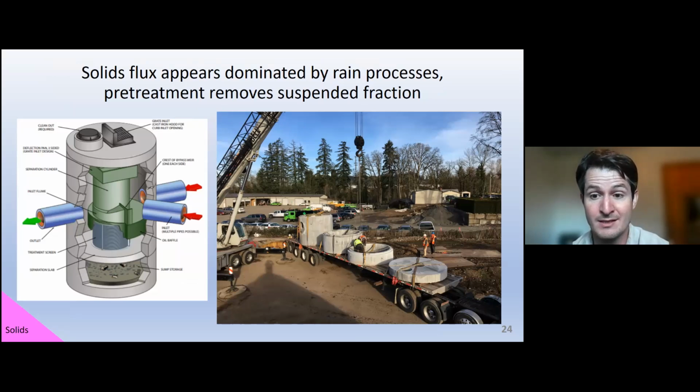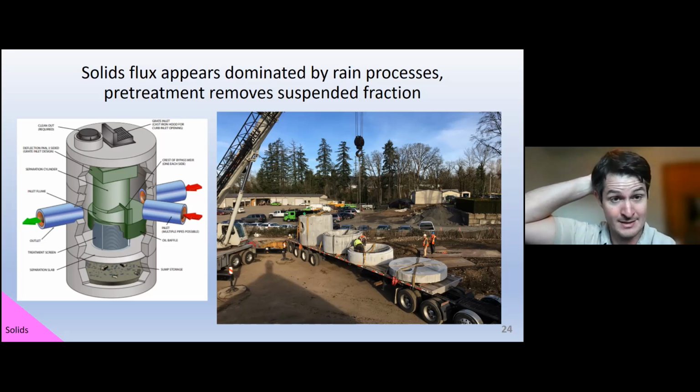Well, the main reason is this ginormous technical term, hydrodynamic separator, that was installed upstream of the constructed wetland. It's one of the biggest they make, but how it works is it captures solids and floatables like oils and trash in the stormwater before it's discharged into the treatment wetland.